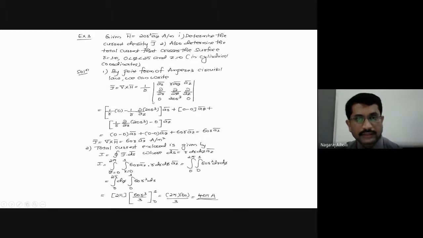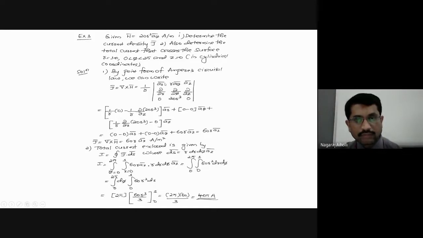Then expand this: 1 upon r, dou by dou phi into 0, that is 0, minus dou by dou z of 20 r cube, into ar bar. Then this row and this column goes. So dou by dou r of 0 minus dou by dou z of 0 into a phi bar.